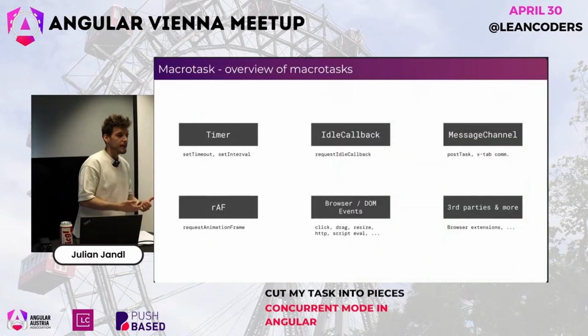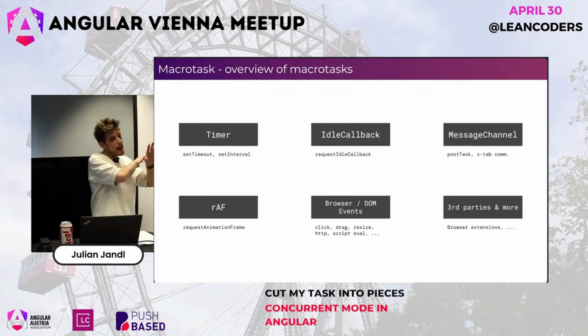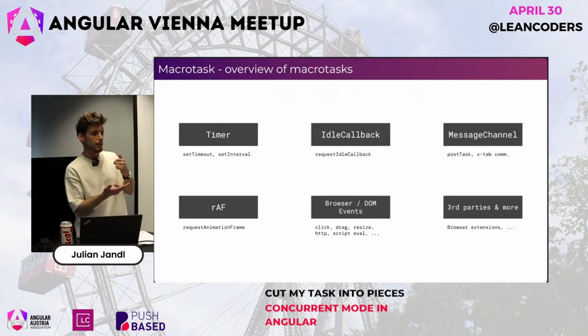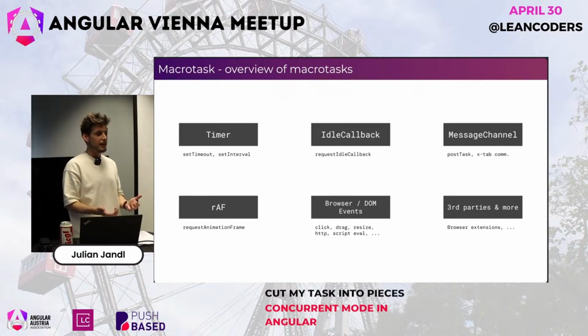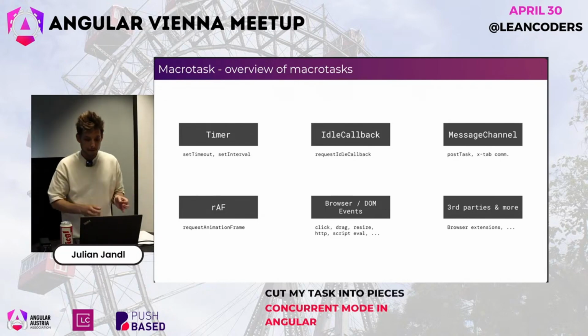So what is a macro task? All of our timer APIs we have talked about before, so timer, idle callback, message channel, request animation frame, and essentially any other browser API, like resizing, input change, mouse down, mouse enter, mouse leave, whatever you know from the browser that can emit an event, will end up as a new macro task in the event loop.